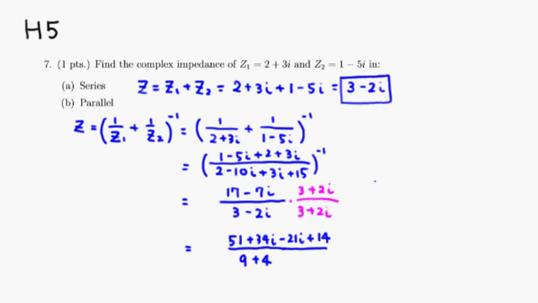So combining those, you get 65, plus 34 minus 21, which is 13i, divided by 13. So 65 divided by 13 would be 5, and 13i divided by 13 would be just 1i. So this is the complex impedance when these are in parallel.